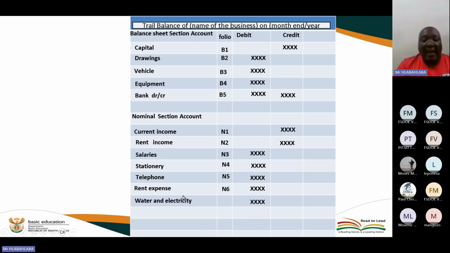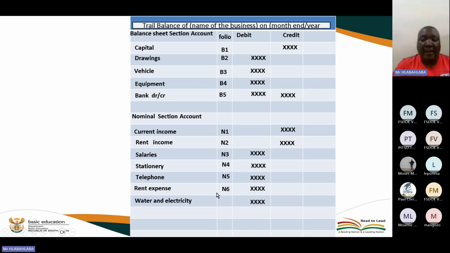It does not mean that rent expense will always be with telephone before stationery. You read them according to the sequencing order: N1, N2, N3, N4.